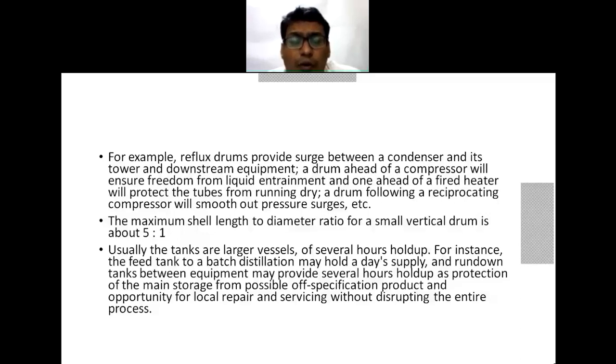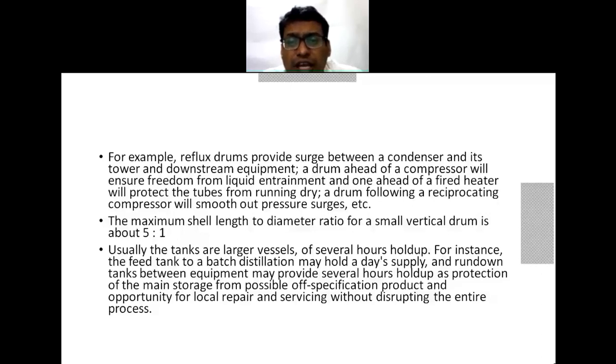Also, in case of compressors, these drums are provided so that whatever vapor or humidity there is, because of compression, the liquid will get separated. For that purpose, these liquid entrainment zones are also provided.